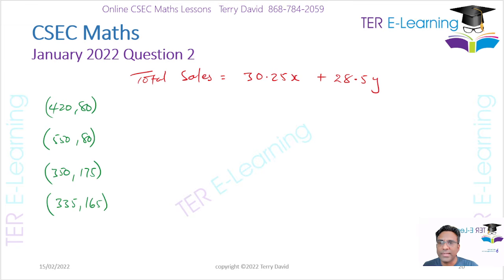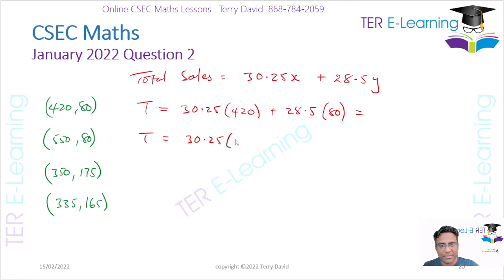So what I need to do now is take every single one of those and plug it into that sales formula. So my total sales will be 30.25 multiplied by 420 plus 28.5 multiplied by 80, and we need to work that out. For this one, it'll be 30.25 multiplied by 550 plus 28.5 multiplied by 80.